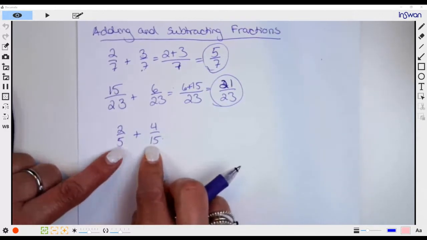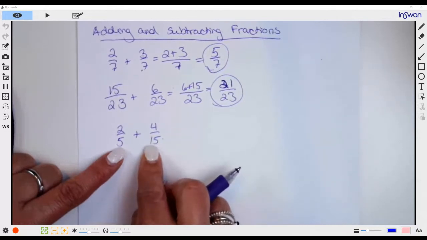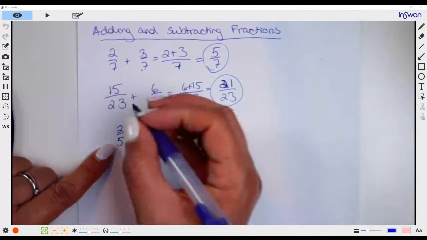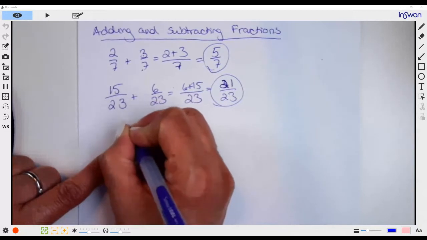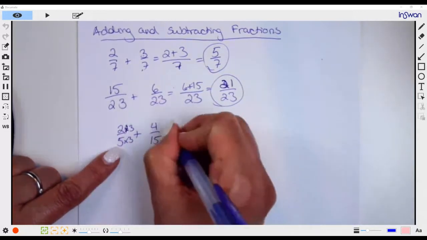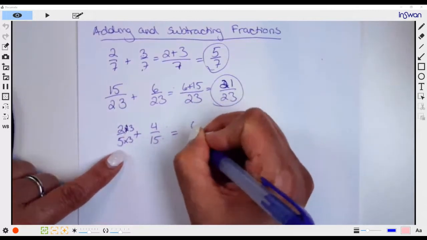But with these two numbers, we have a 5 and a 15. Well, 15 has a factor of 5. So we could just multiply this by 3 and this by 3. So 2 times 3 is 6, 5 times 3 is 15.